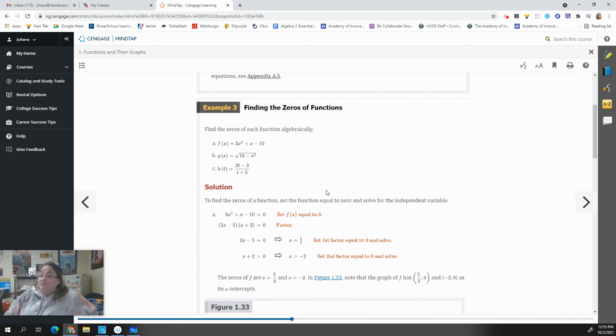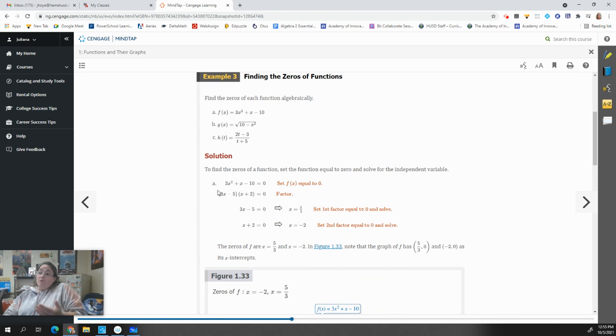And it's an easy factor if you remember how to factor when they set it equal to 0, right? 3x squared plus x minus 10. I don't know how you do your factoring, but if you don't know how to factor it, remember the quadratic formula, because the quadratic formula always works. But when I look at this and I want to factor it, I have a little method that I use.